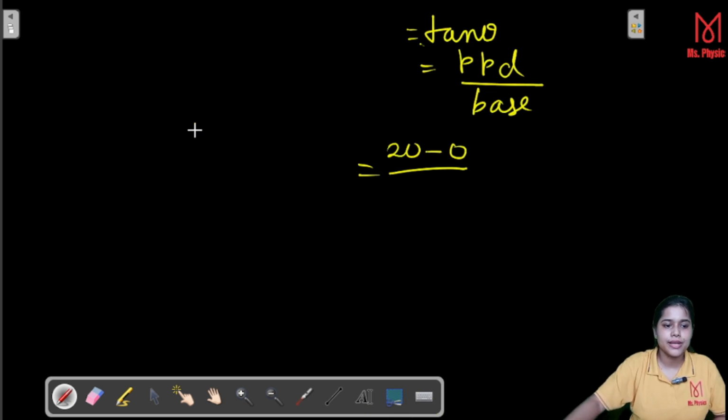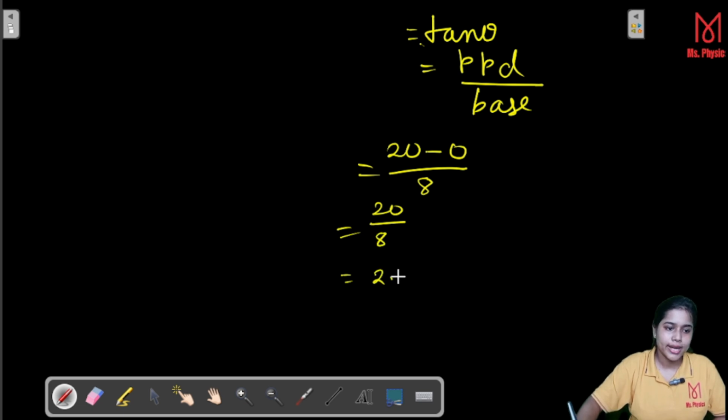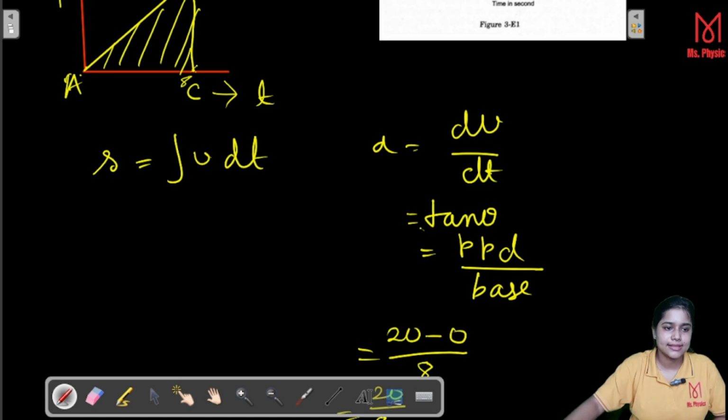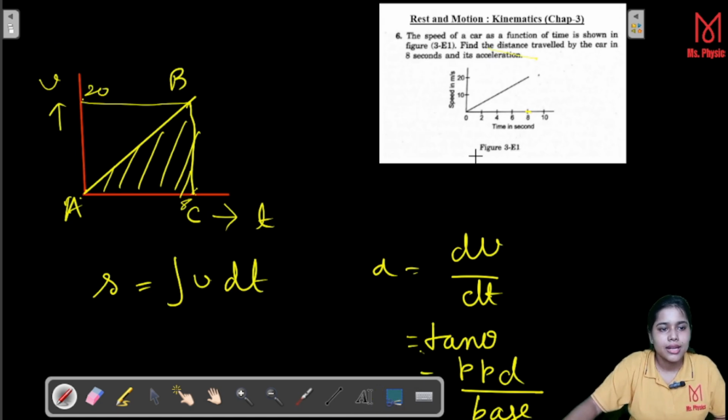So this is 20 over 8, that means we get 2.5, and the unit will be meter per second square. So this is the acceleration we have got.